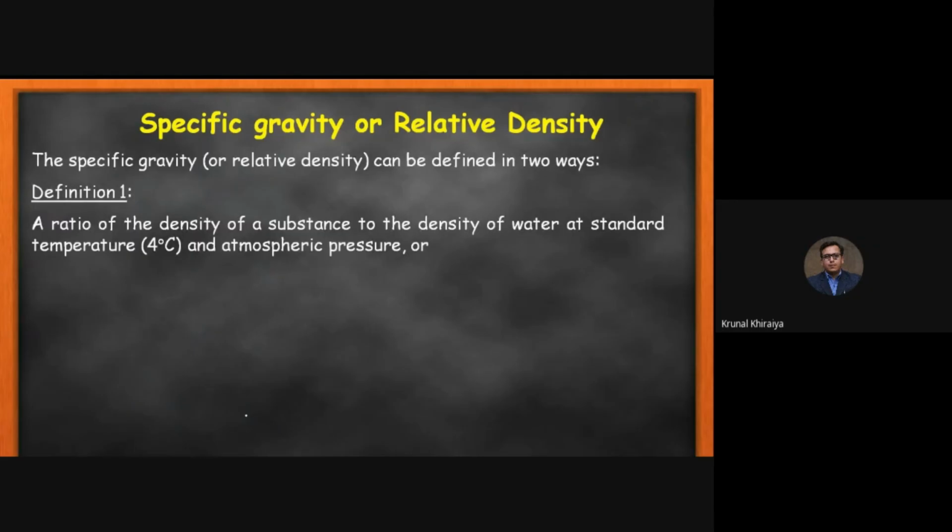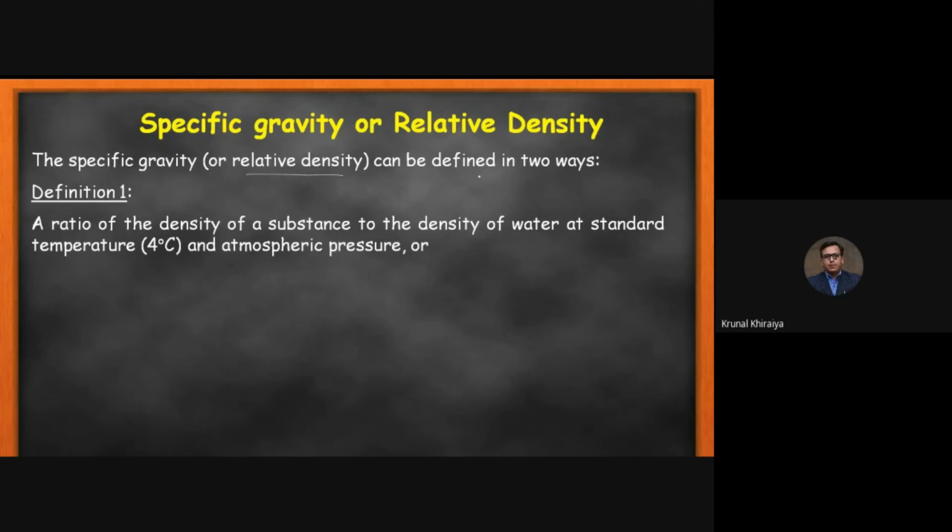Now next is specific gravity, or it is called relative density. It is very important. See students, all of you use two-wheelers and you go to fill petrol or diesel. At that time specific gravity is mentioned over there, or it is called relative density. This word is very important, relative density. So there are two definitions.